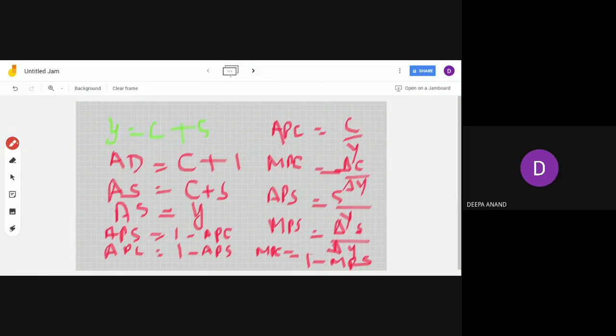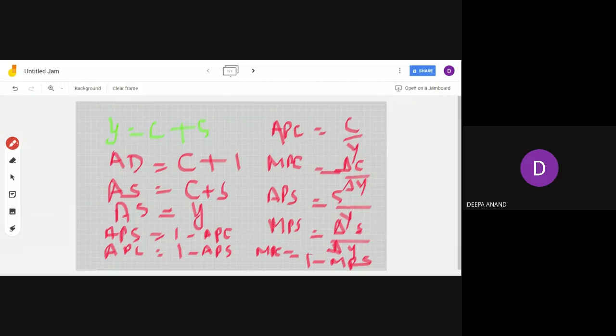And the next column, average propensity to save. So don't get confused between consume and save. You have to find out marginal propensity to consume, MPC, and average propensity to save. I will check your notebook, so write it neatly.